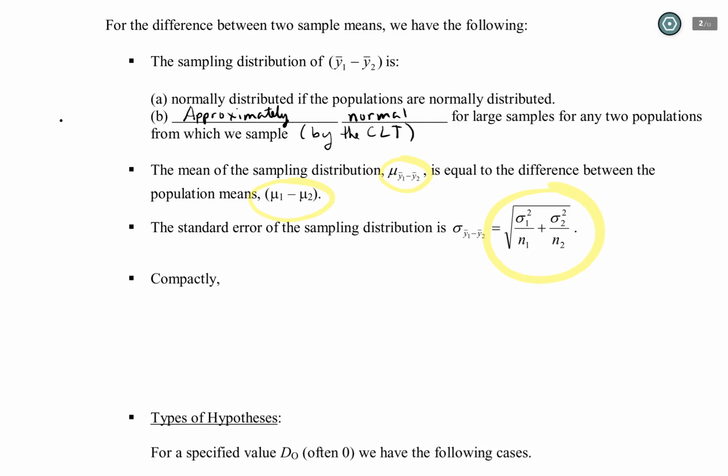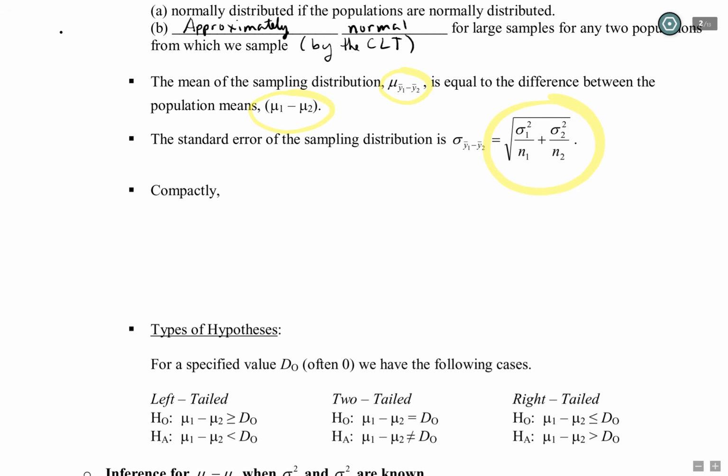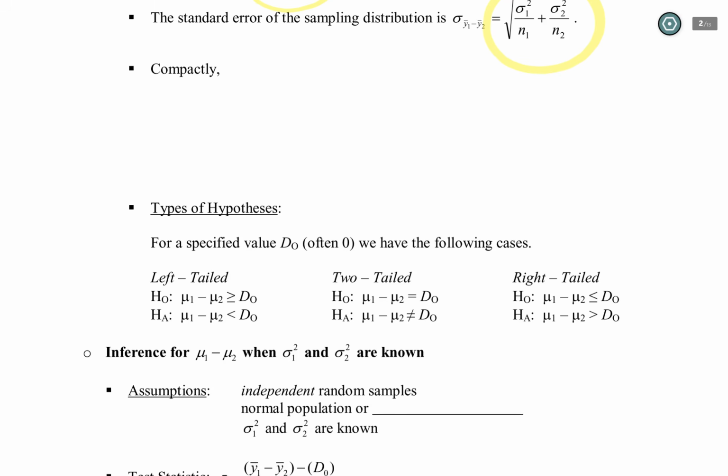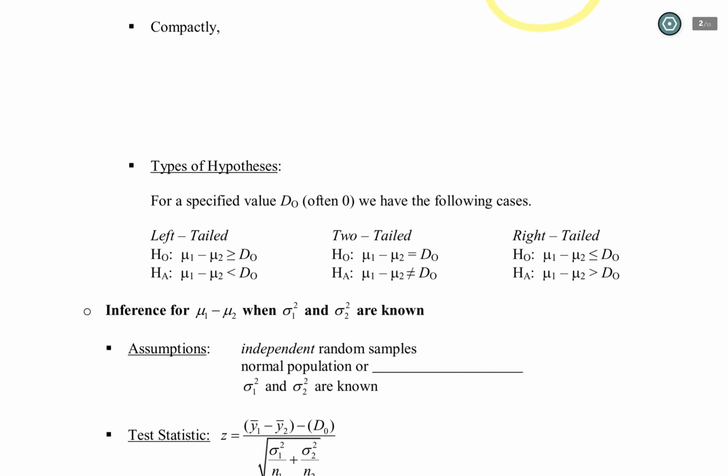Okay, so with that in mind, we can come up with a statistic that will act as a pivot quantity for us to do inference, and I'll explain the idea of pivot quantity a little bit more here. If we represent here, we can say y1 bar minus y2 bar minus mu1 minus mu2, what I'm doing is I am standardizing. I'm going to standardize the difference of the sample means.